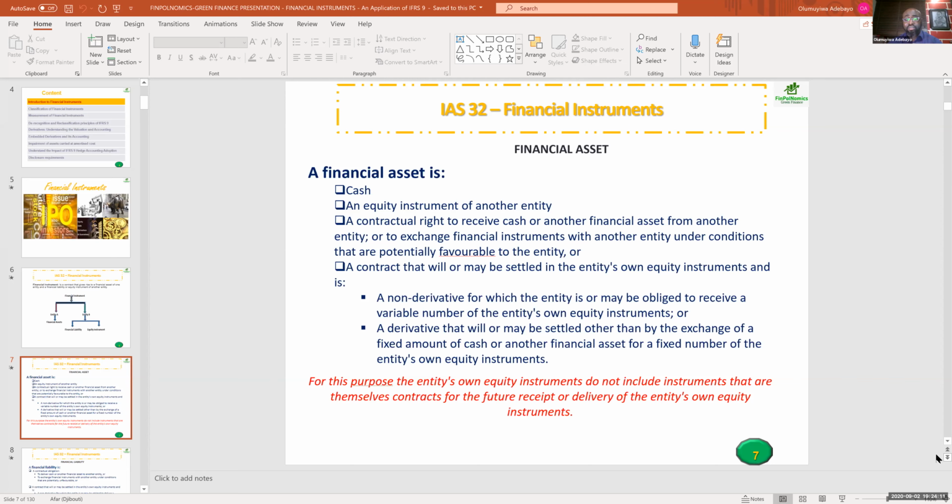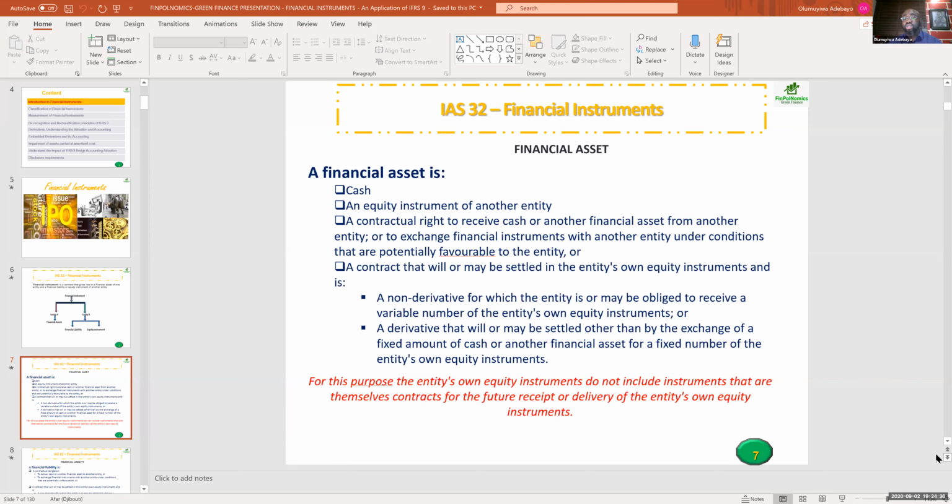Imagine you sell on credit. It creates what we call a receivable. Trade receivable becomes a financial asset because you have a contractual right at the due date to collect cash or any other form of financial asset as settlement from the buyer.